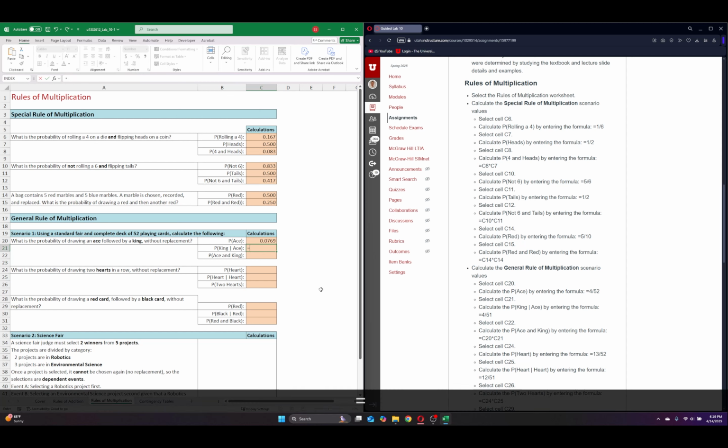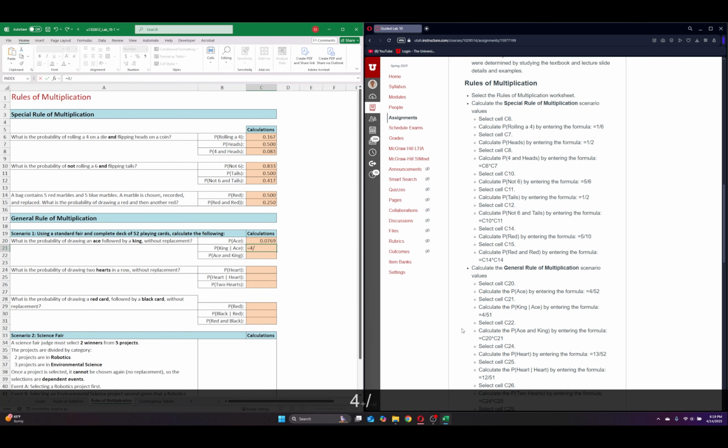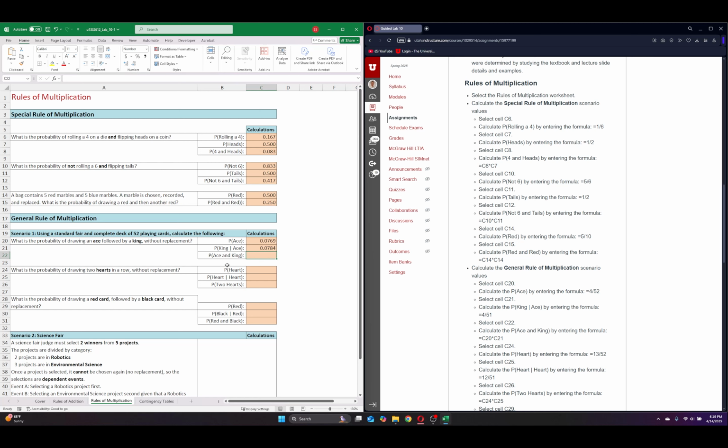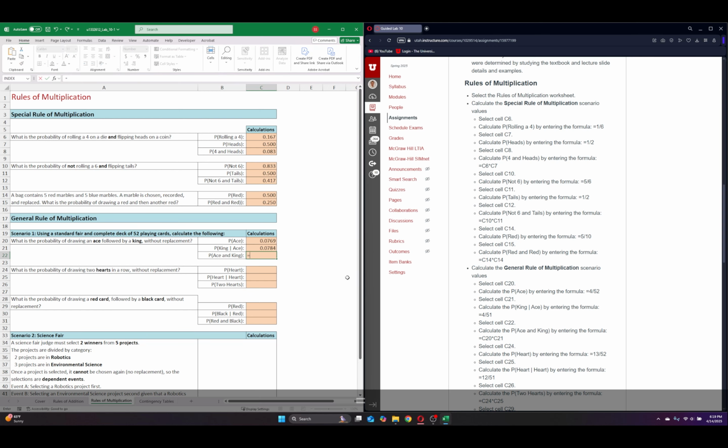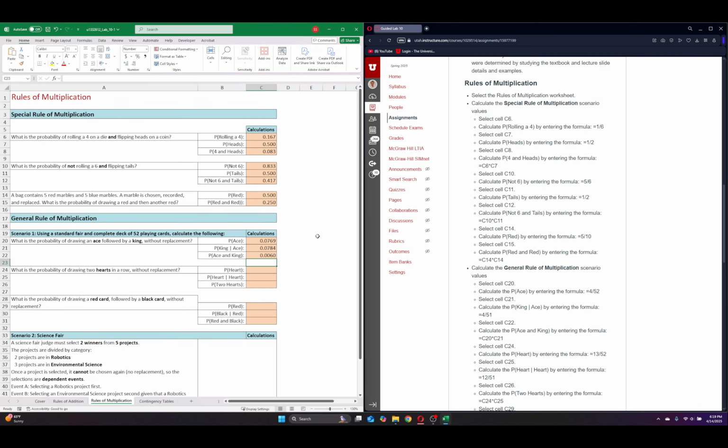Next, we calculate the probability of a king, which is 4 divided by 51. There you go. Now, the probability of ace and king is going to be equal to this one times the probability of a king following an ace. There you go.